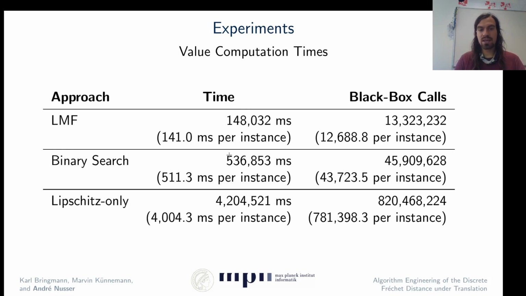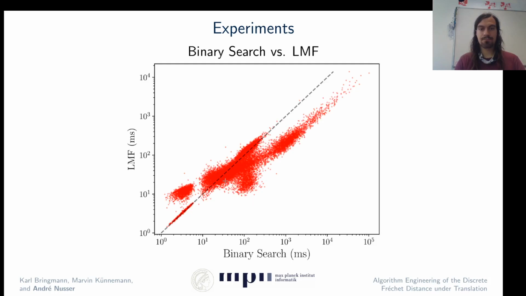And here you can see binary search is a bit more than 3 times slower than Lipschitz meets Fréchet, and Lipschitz only is something like 8 times slower than binary search. So from Lipschitz only to Lipschitz meets Fréchet, we have something like a factor of 25. So that's also pretty good.